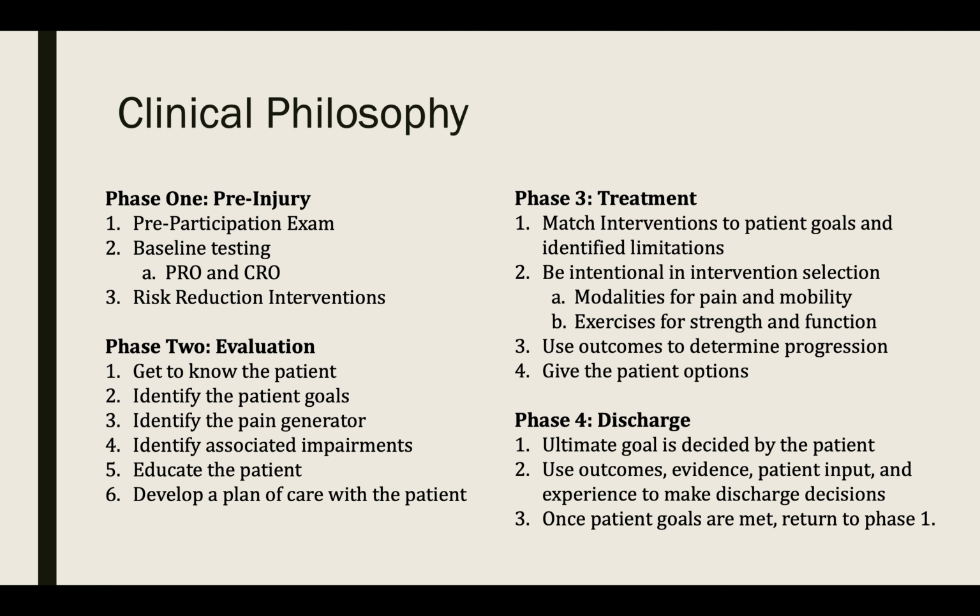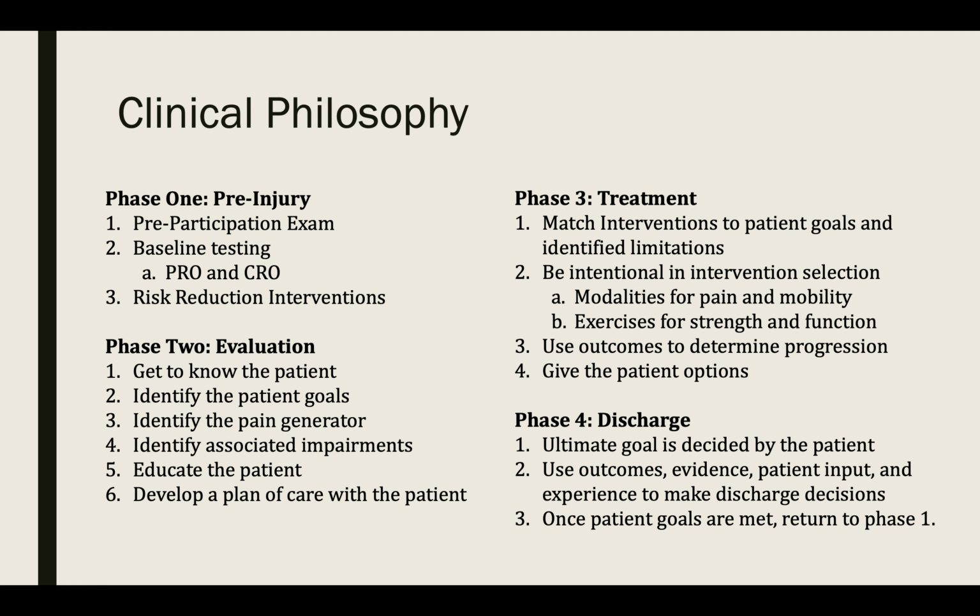At the end of the treatment phase is the discharge phase. Again, we get into this phase when we have met the goals that were decided by the patient, right? So these are not our goals, these are goals decided by the patient.